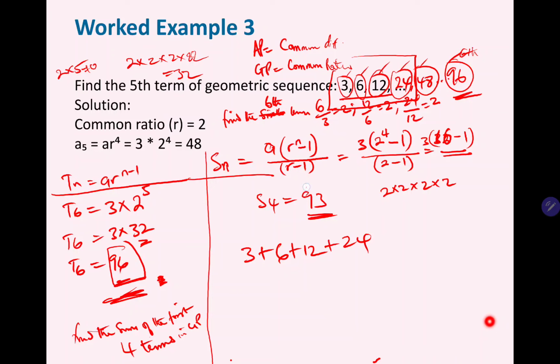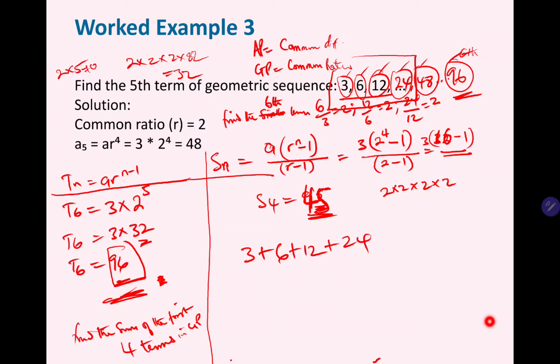So this should be 45, not 93. Sorry, 45. So 2 raised to the power 4 is 16, 16 minus 1 is 15, and 15 multiplied by 3 will give you 45.